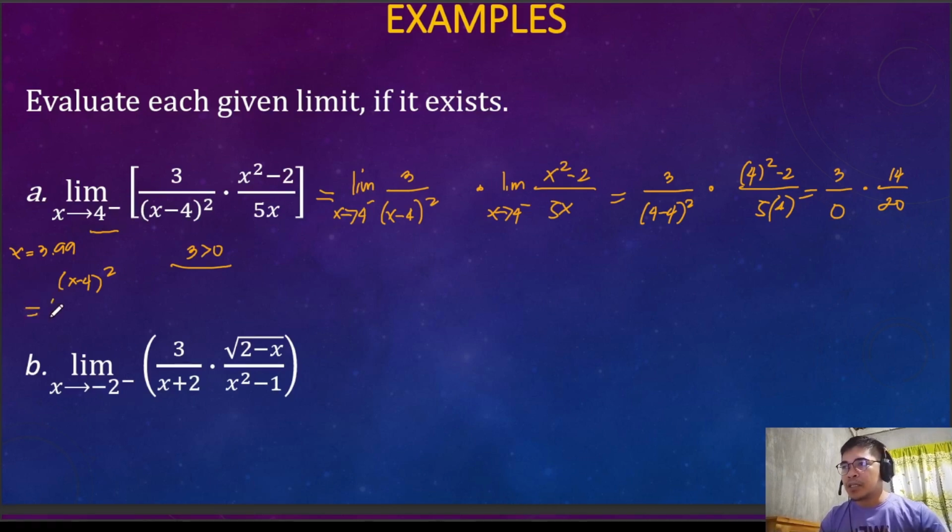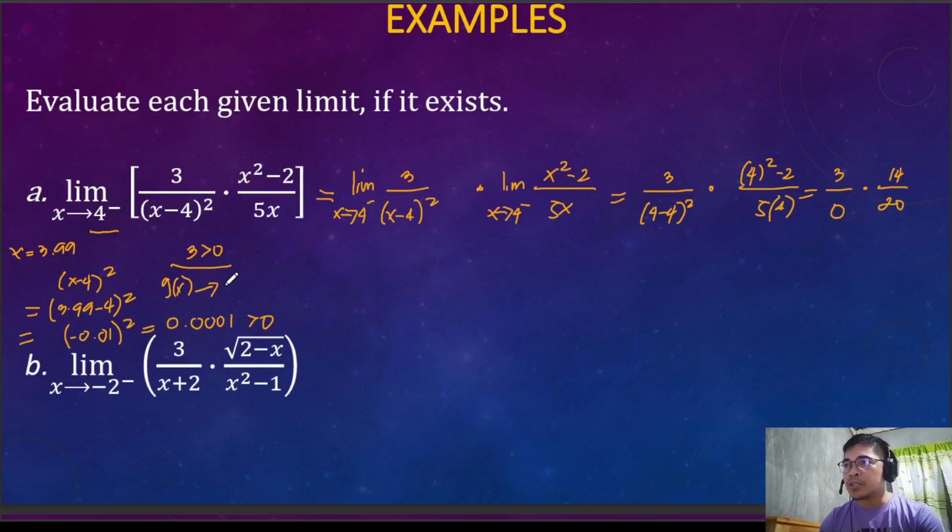So we get 3.99 minus 4, squared. The result is negative 0.01 and its square is positive 0.0001. So take note, this is greater than 0. Therefore our g of x approaches 0 from the right.